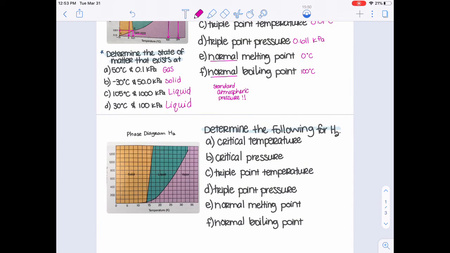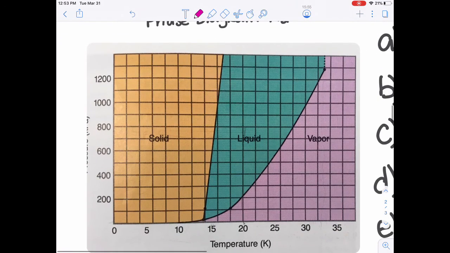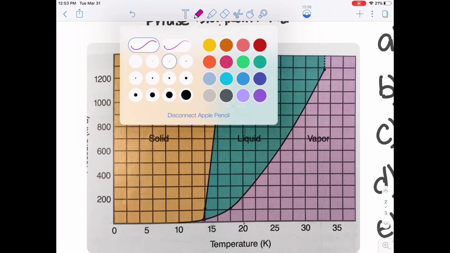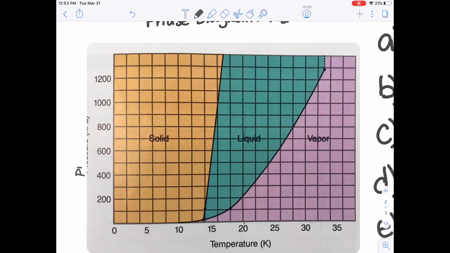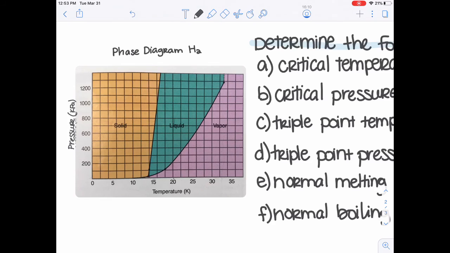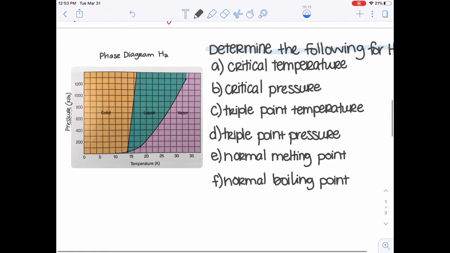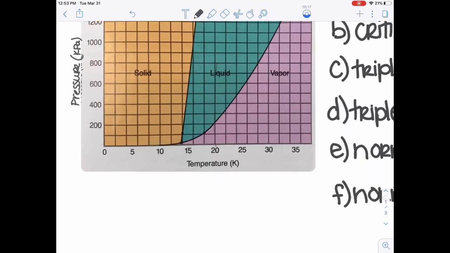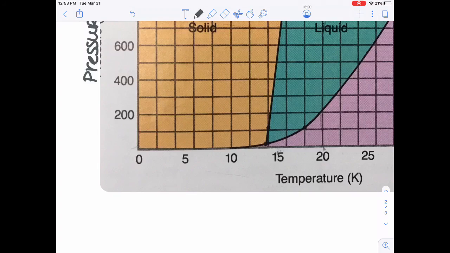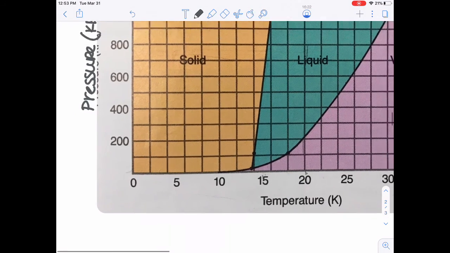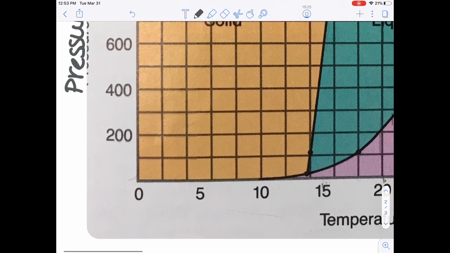I have included the phase diagram for hydrogen down below. The side label over here got cut off, but it is pressure in kilopascals. This phase diagram is not as friendly as the one up above because they did not give us standard atmospheric pressure.